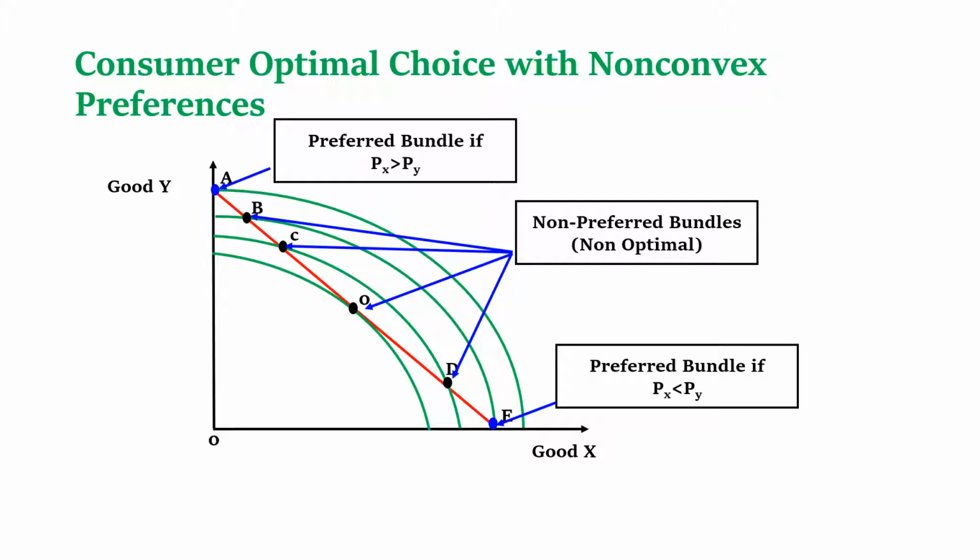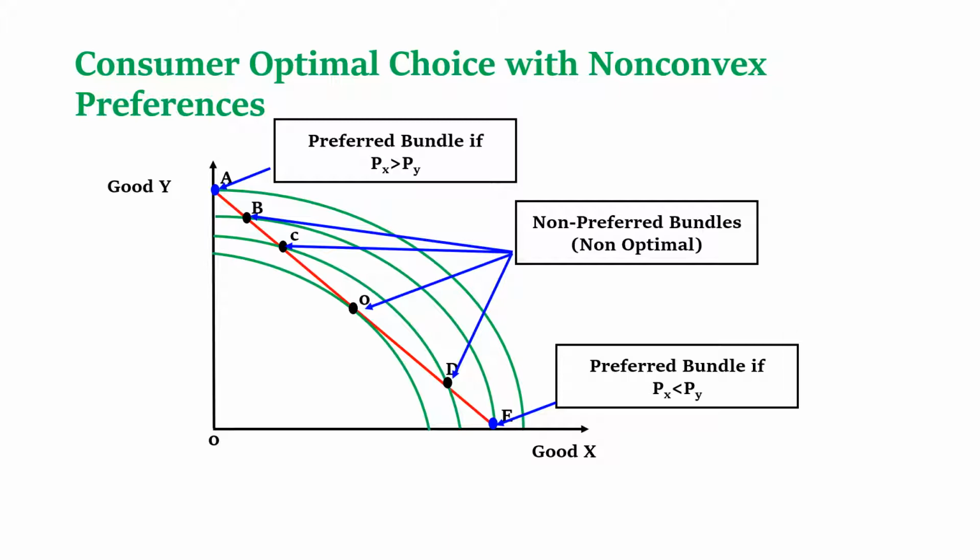We notice that at different points on the budget line, we have a point where the budget line crosses the indifference curve. And there is one point where the budget line is tangential to the indifference curve. But is this an optimal point? Certainly not.